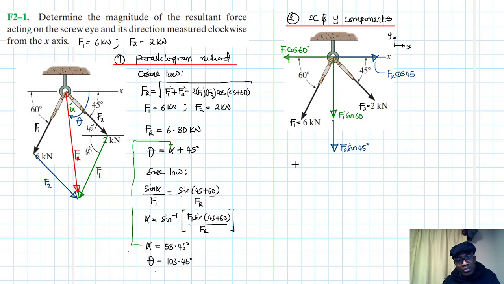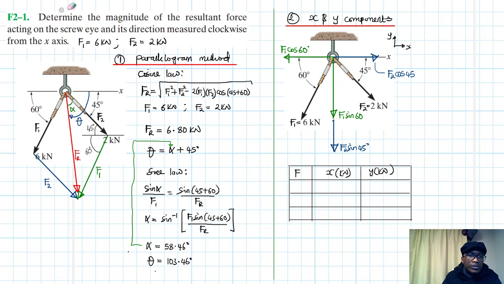So let's draw the table. The table is going to have the force F. It will have X components, then it will have Y components. So let's label that. So I have F1, I have F2, then I have the summation of F. So the X component there, F1 is 6, so this is 6.